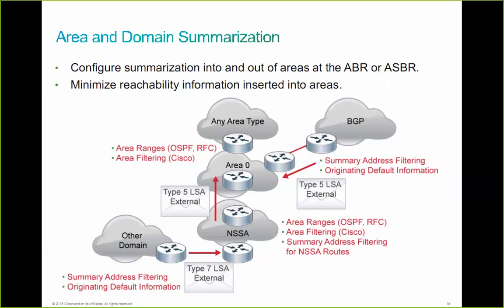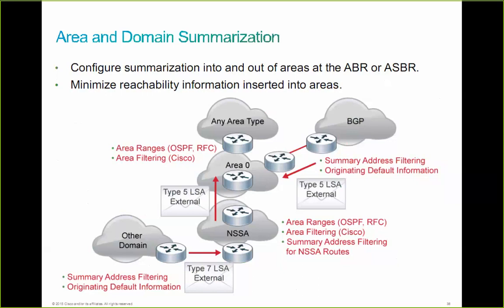And you can see here, if I have an ASBR, for example, here's an ASBR that is injecting BGP routes into Area 0. Those are being sent in as Type 5s. Type 5 routes are OE1 or OE2 routes, and they are sent through the autonomous system as Type 5s.